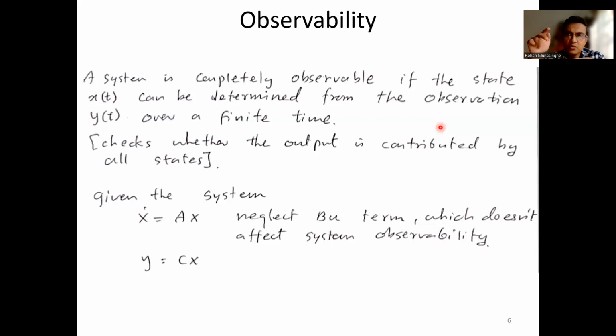And we are trying to figure out whether, if you keep taking readings of the response, maybe just one state variable, can you estimate the other state variables? If you can estimate the other state variables using whatever variable you measured, then the system is observable. So it's the literal meaning of the word observability.